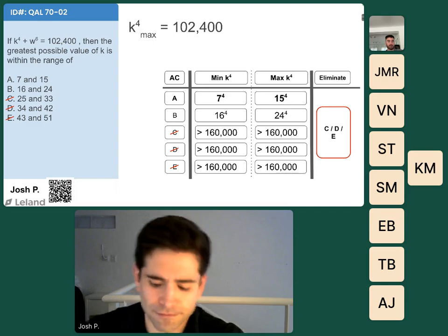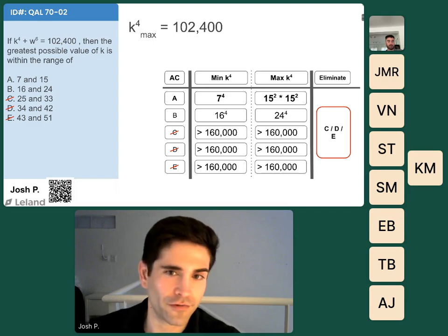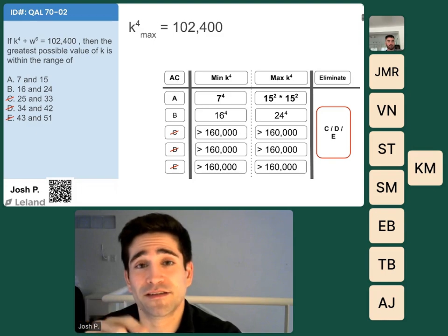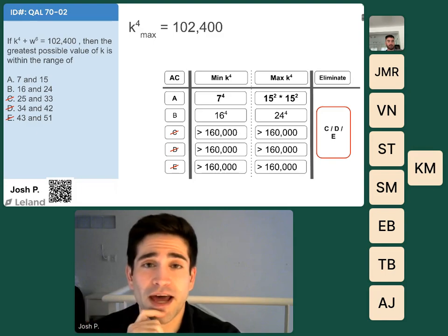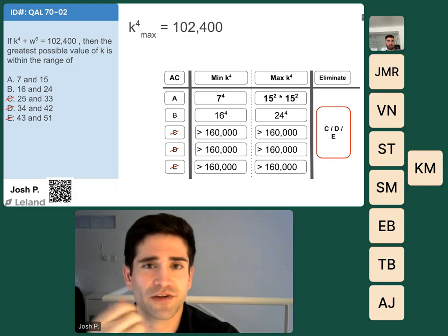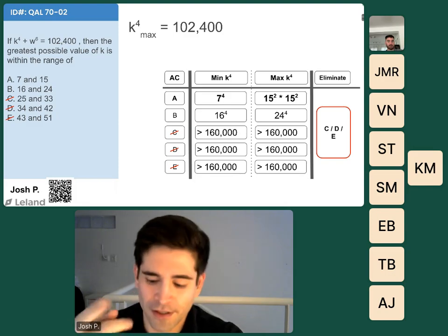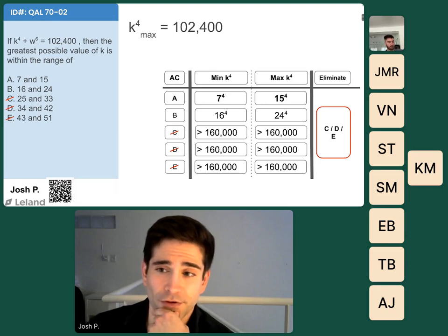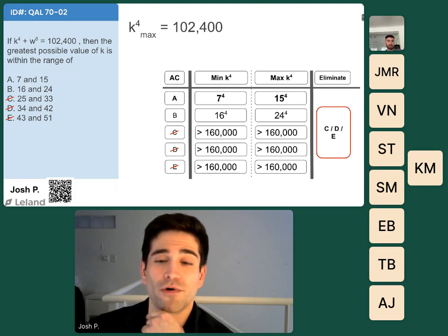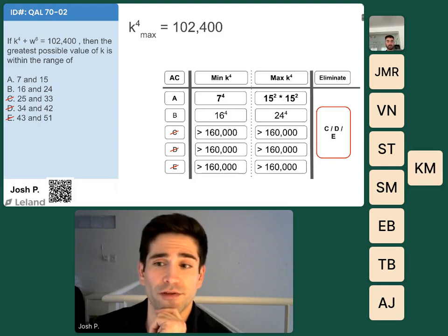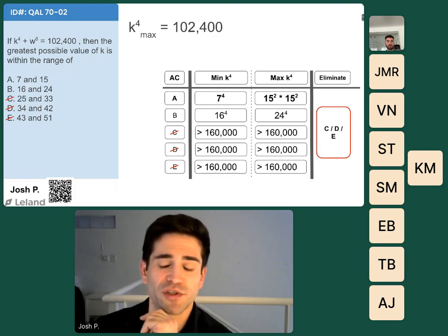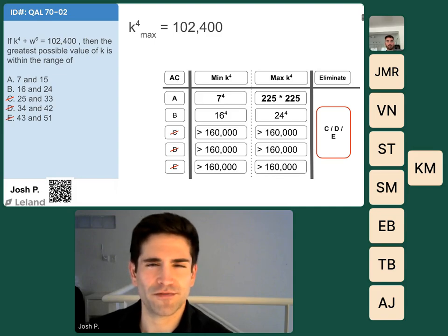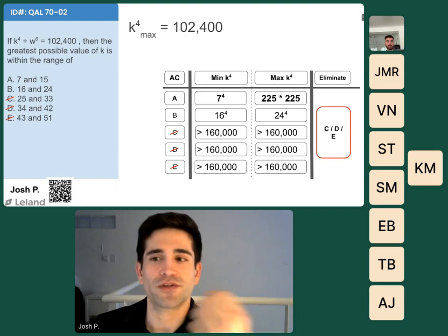I want to look at the max value for A, because if the max value for A is less than K4 max, then we can eliminate the answer choice. Now, the max value for K4 and A is 15 to the fourth, which is 15 squared times 15 squared, which is 225 times 225, which also seems like a difficult number to calculate.